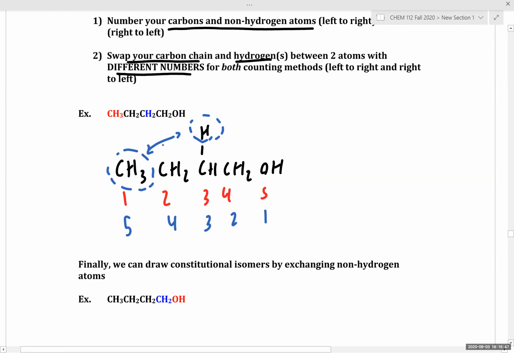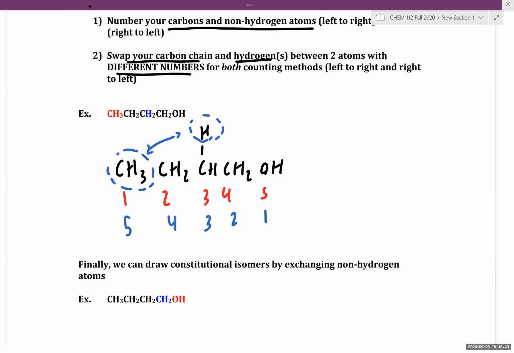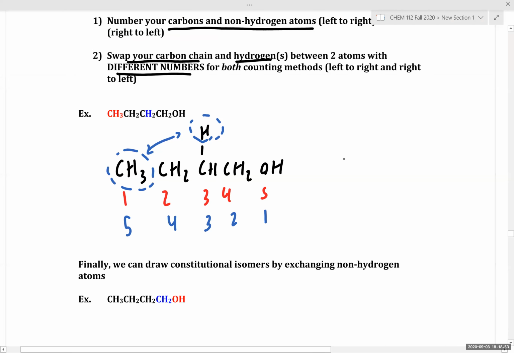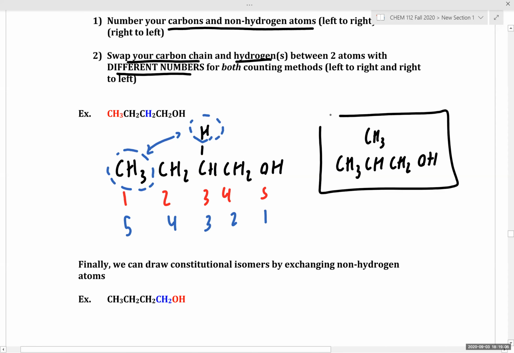That in turn would give us the following constitutional isomer: CH3, CH, CH3, CH2OH. So this would be a valid constitutional isomer.